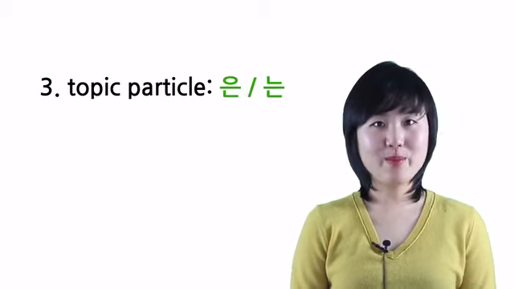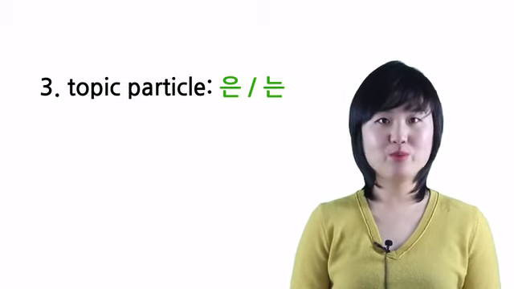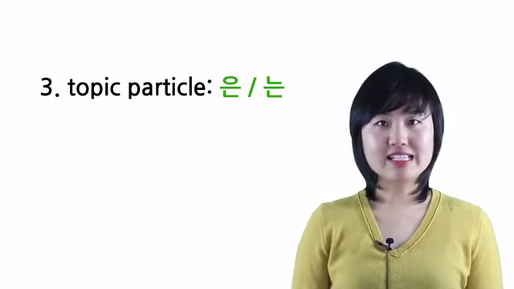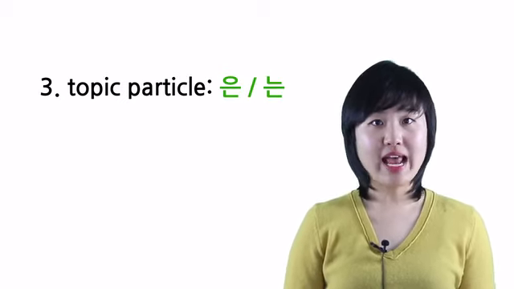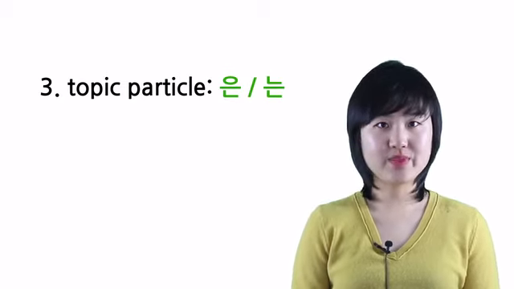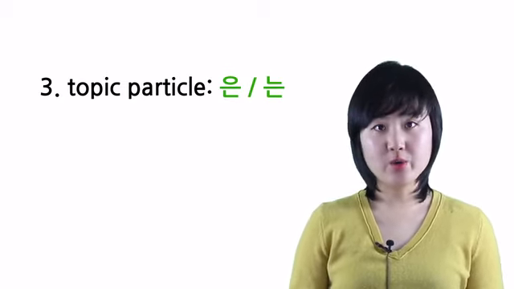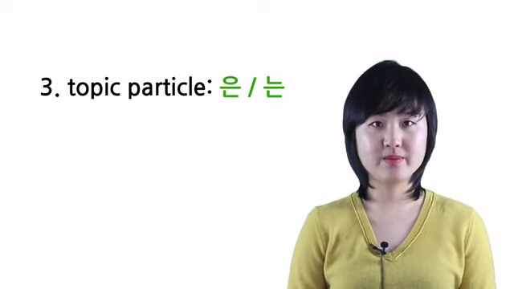Number 3, topic particle, 은, 는. The same rule applies. If the last letter of a noun has a final consonant, you're going to use the one that has 이응, which is 은 in this case. And you're going to use the other one, 는, if there is no final consonant.